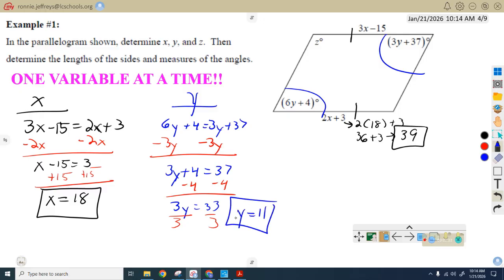Well, that's what that is. And if I want to find this, it would be 6 times 11 plus 4, which is 66 plus 4, which is 70 degrees. So if this is 70, that's 70.